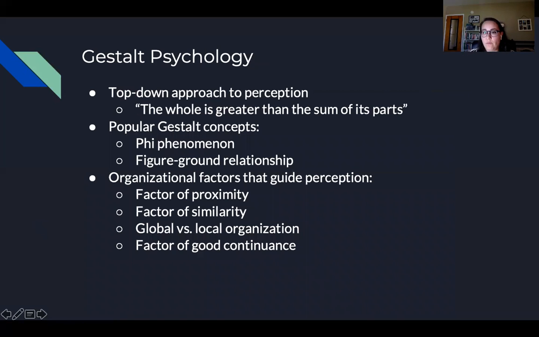Okay, so that was a lot of information, but again, it was in the service of not only understanding the basics of human visual sensation and perception, but also to give us this idea of a bottom-up approach.